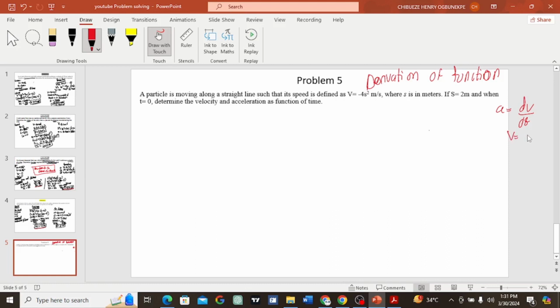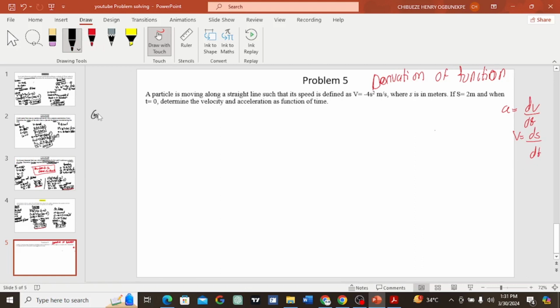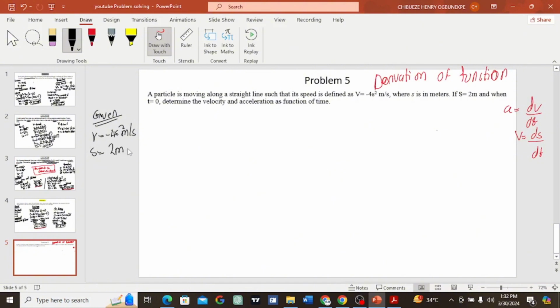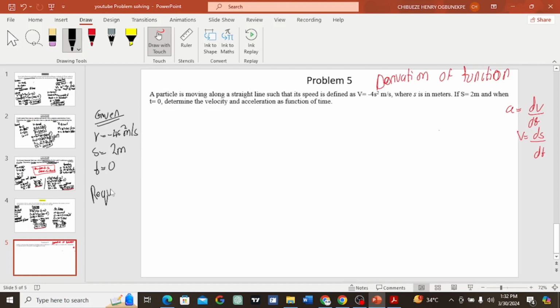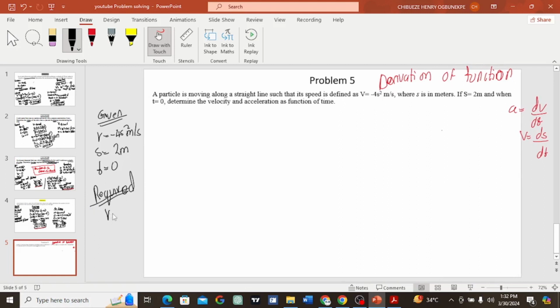For finding velocity, v equals ds over dt, given v equals negative 4s squared meters per second, and s equals 2 meters when t equals 0, to find the velocity and acceleration.